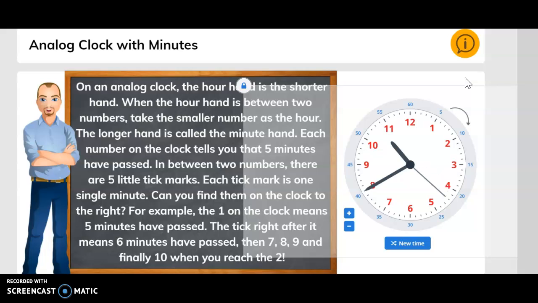If you got 10:40, you are correct. What about this time? If you got 1:15, you are correct. And what about this time? If you got 8:11, you are correct.